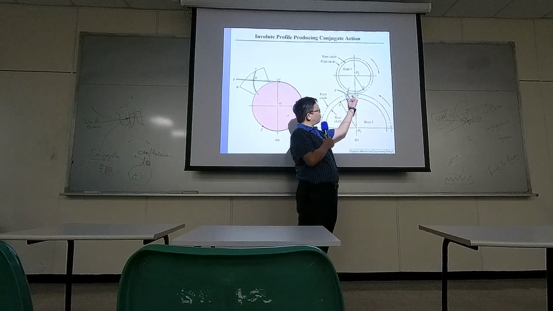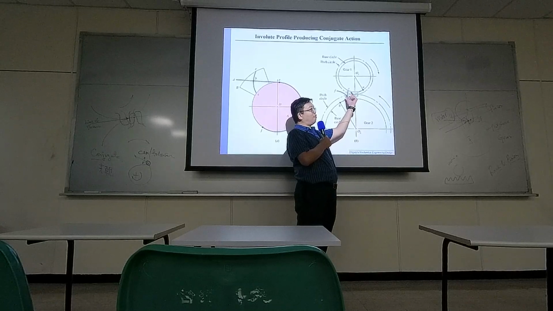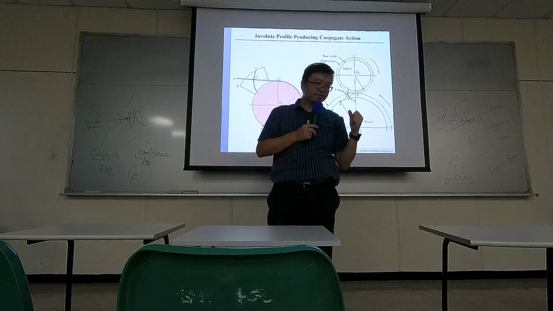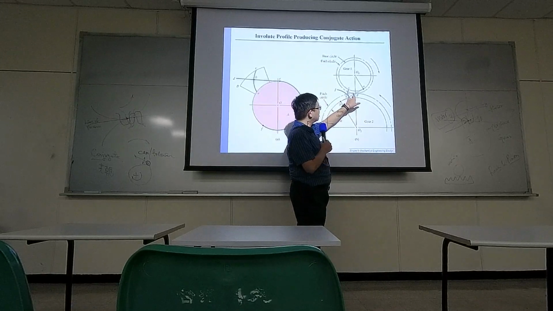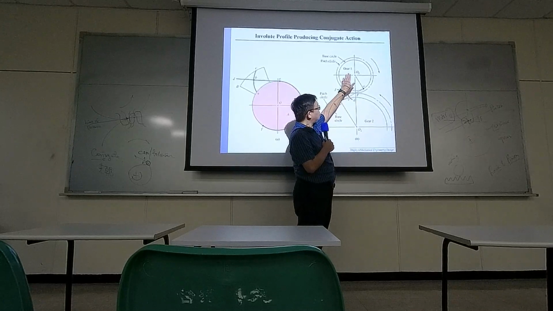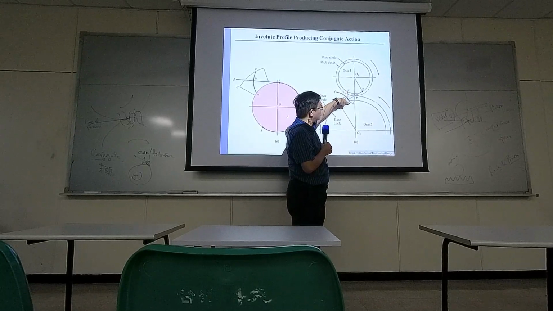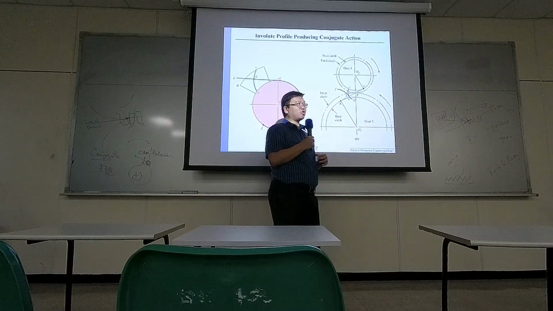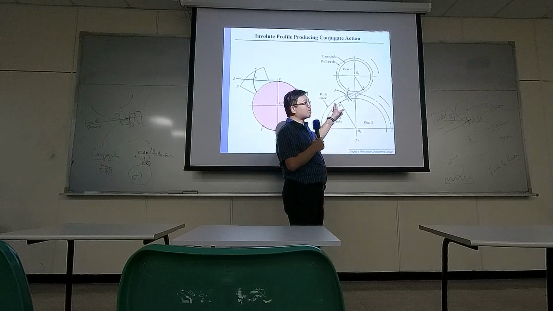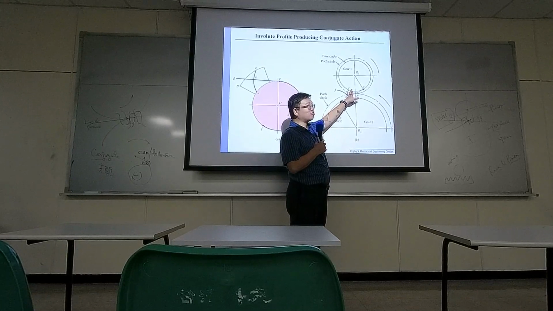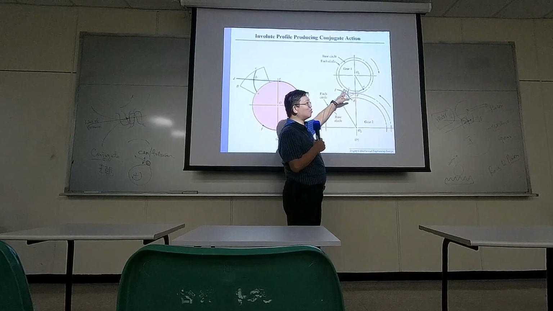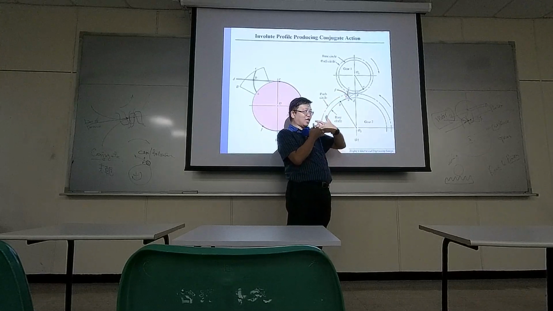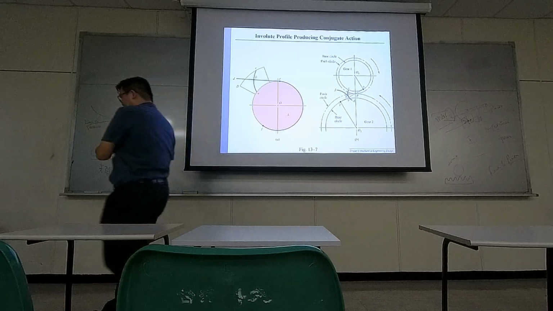If you only have a very short period of time of contact for each pair of teeth, then you rely on pressure transmission along one pair of teeth, and then you rely on the other pair of teeth to take over the transmission of the pressure. So sometimes the pressure distribution will not be well transferred to the other pair of the teeth. So if you can have a longer connection of the conjugate action, that's better.